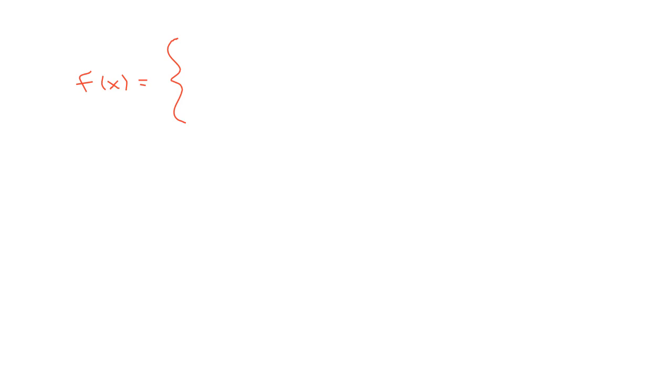But that one I was just doing was x plus 4 if x is less than 5, and then let's do 9 if x is greater than 5. So that's similar to the last one, but not exactly the same.